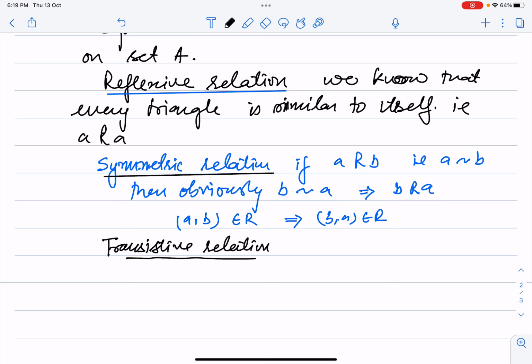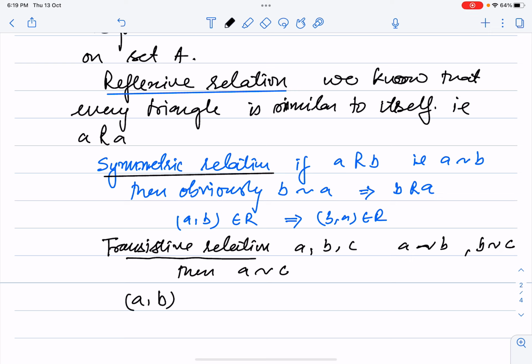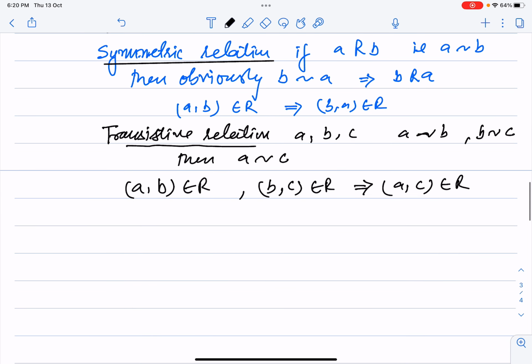If A, B, C are three triangles, and A is similar to B and B is similar to C, then obviously A will be similar to C. So (A, B) belongs to R and (B, C) belongs to R, then we can easily say that (A, C) also belongs to R. Hence, in this example, it is a reflexive, symmetric as well as transitive relation. Now let's go to another example.